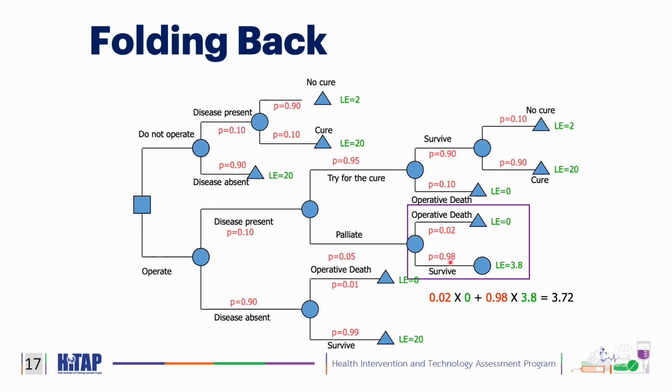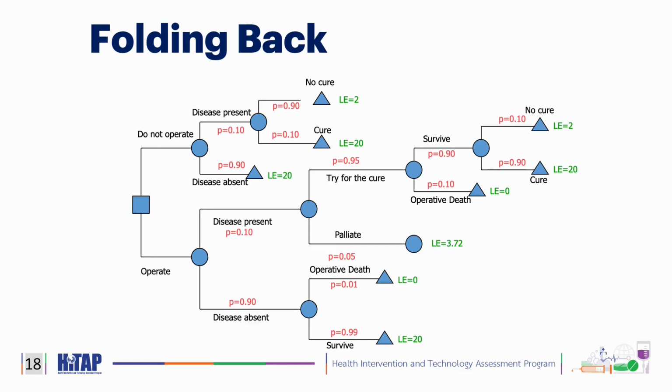Compared to the patient in the survive stage, where the probability is around 0.98, multiplied by the life expectancy we got from the previous slide, which is 3.8. So in this branch, we end up with 3.72 years. So now I think you might get an idea of how the rest would be calculated, right?